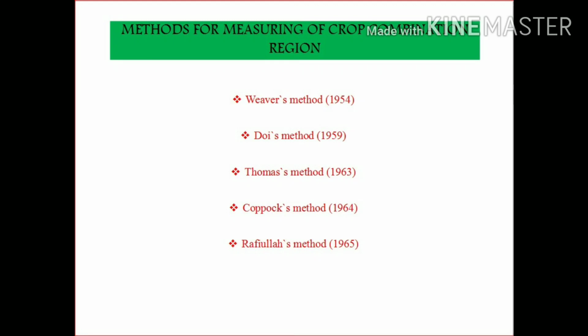The first attempt at delineation of agricultural regions was made by Weber in 1954. He studied crop combination for Middle East countries. Later on, many more methods were introduced.